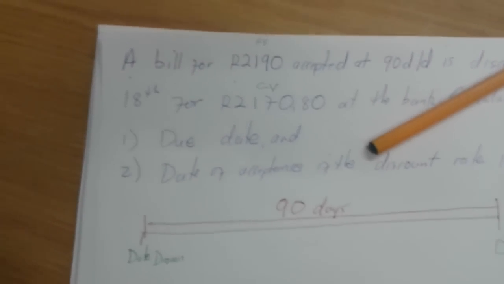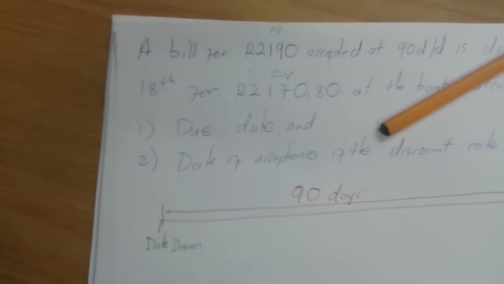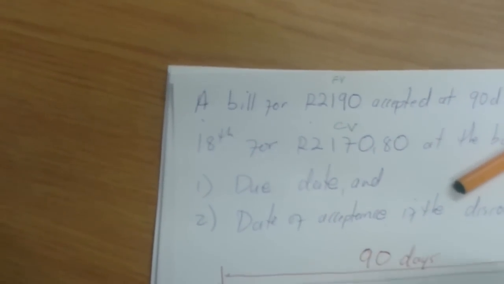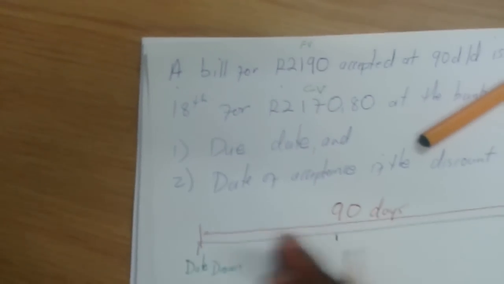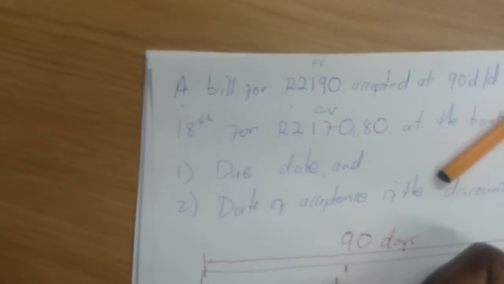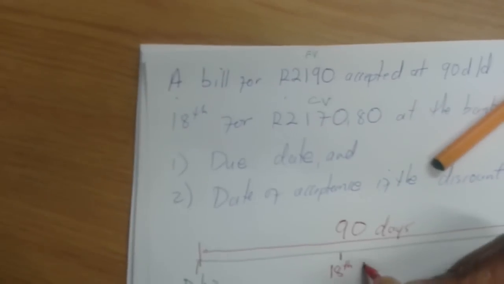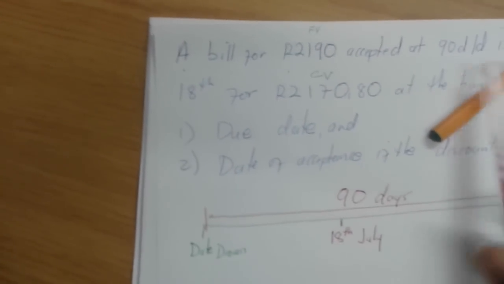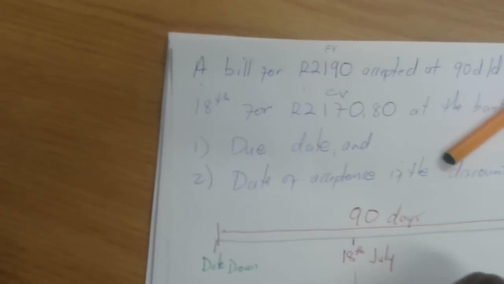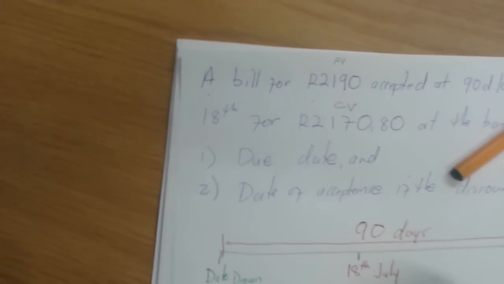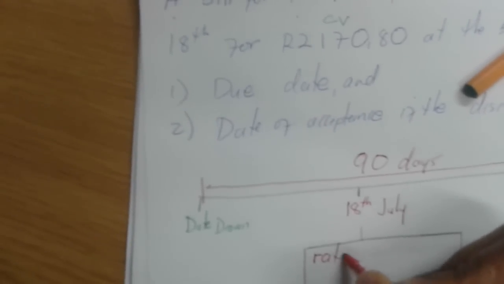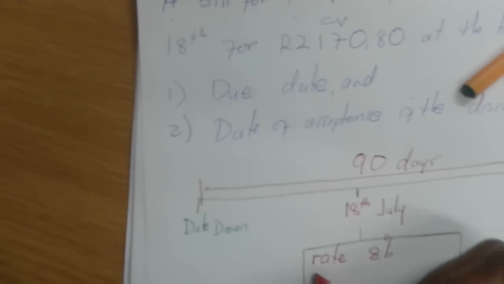Now the face value of this bill is 2,190. Now let's see, at some point between, which is the 18th of July, the bill was discounted. So again, same approach. The bill was discounted, and the discounting rate we're given there as 8%.